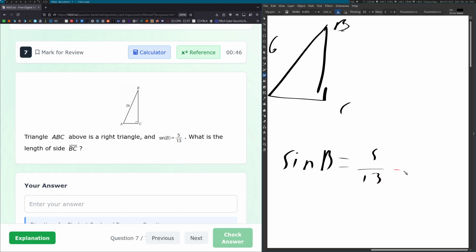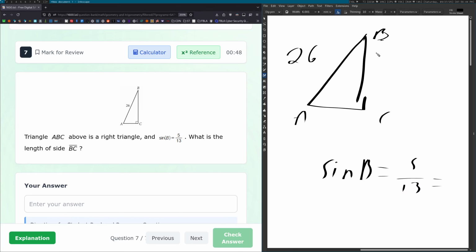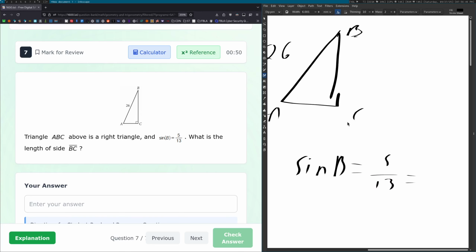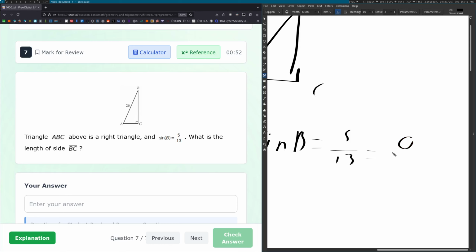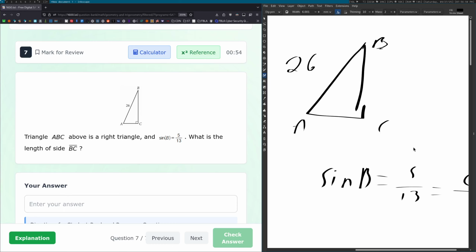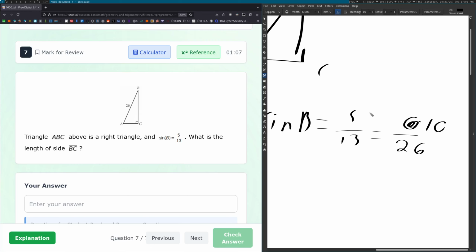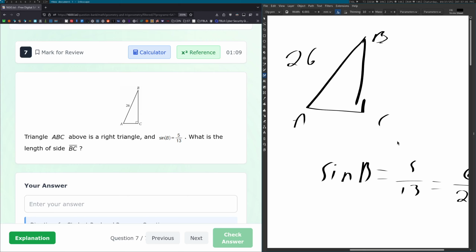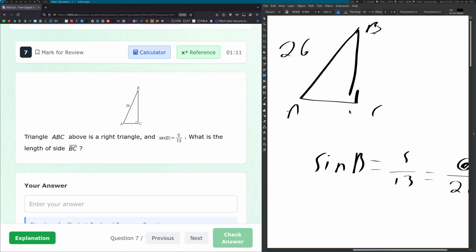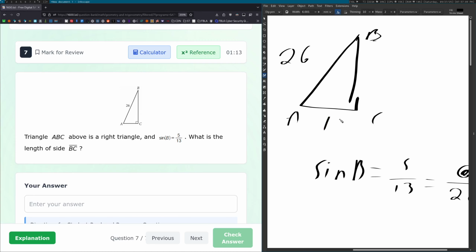But in our diagram, it's going to be equal to opposite over hypotenuse. So O over the hypotenuse, which is 26. And this is going to be 10. Again, you could use the Desmos tilde, or think about it: since this got doubled, this must also get doubled. So the opposite here is going to be 10.